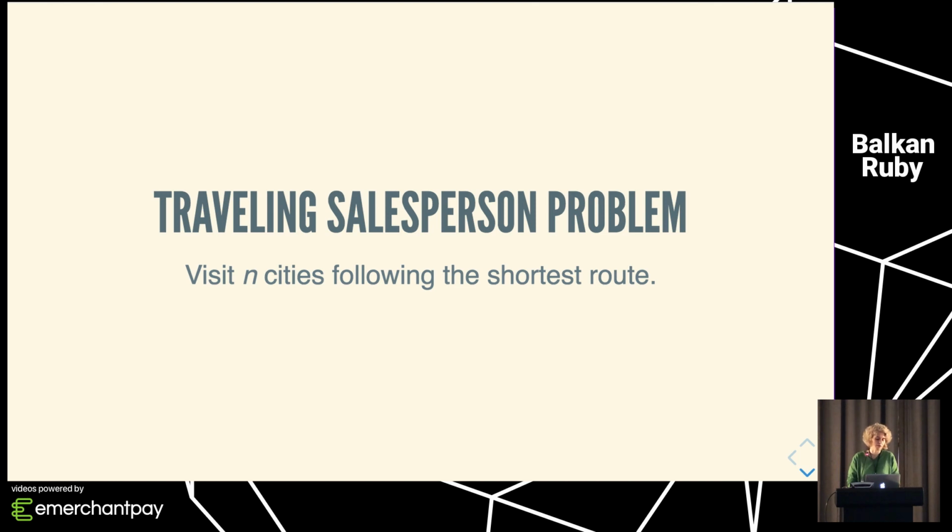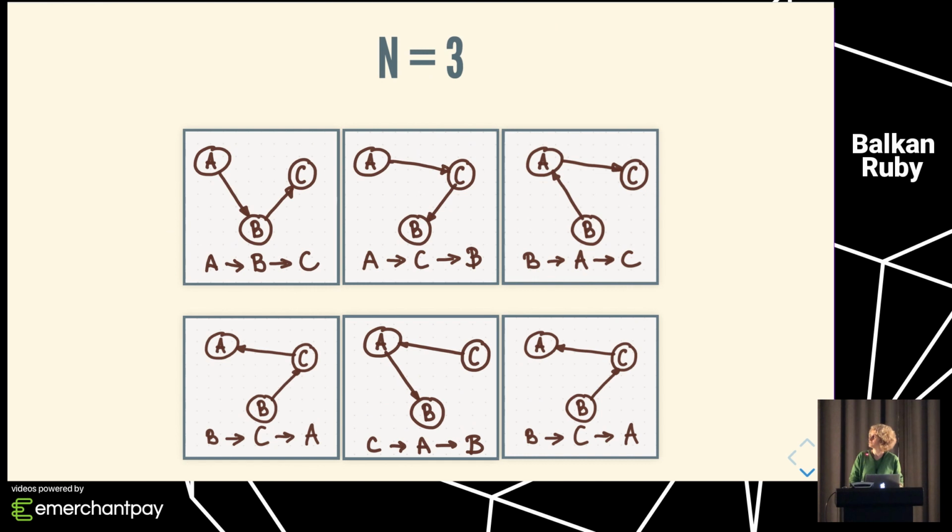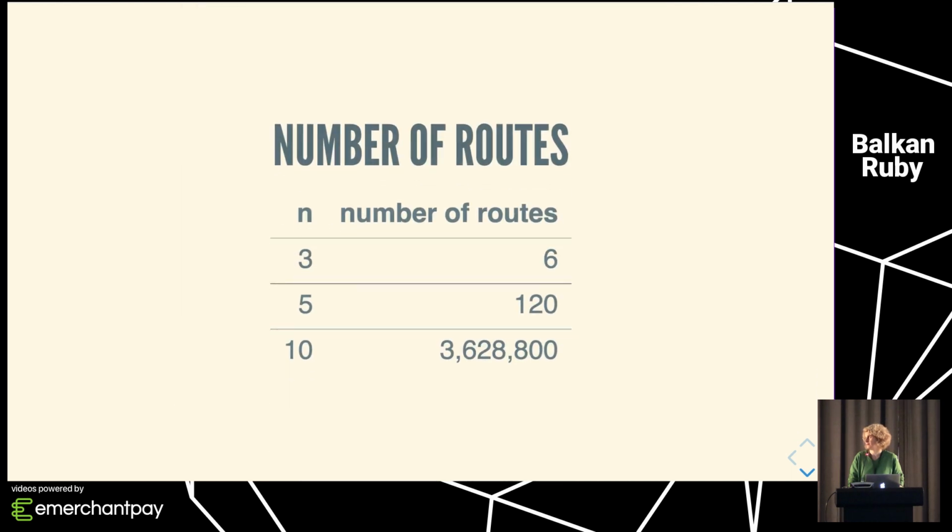So we know how to represent this with a graph. We just draw the cities and we calculate all of the possibilities to go through all of them, and then we can find which is the shortest one. The problem is that as the number of cities gets bigger and bigger, the number of all of the possible routes is impossible to handle. So in this case, although we know how to find the correct solution, it's impossible to do it.